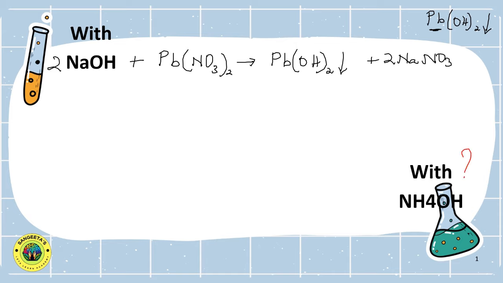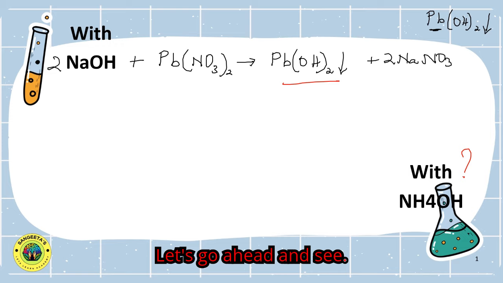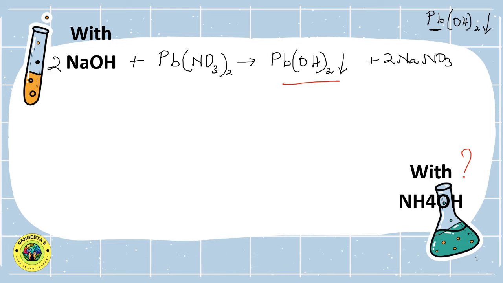With NH4OH, how will you get the same product, which is Pb(OH)2? Let's go ahead and see. So we have Pb(NO3)2. We will write below this so that we can know the sequence. Plus, instead of NaOH, we'll give NH4OH. And what is our outcome? We'll get Pb(OH)2.